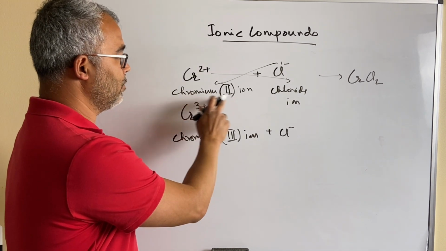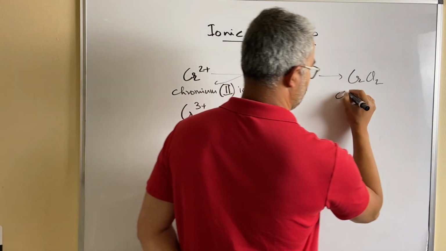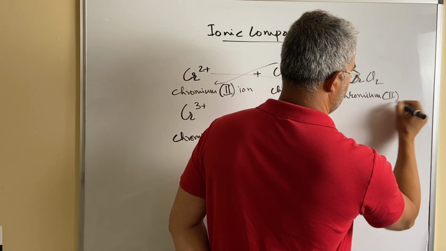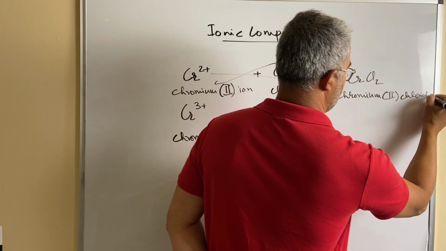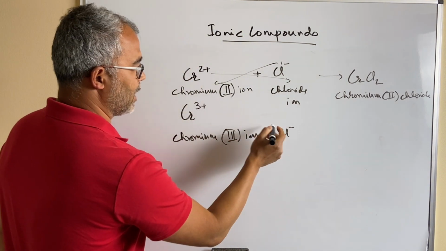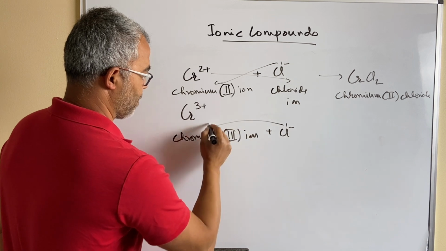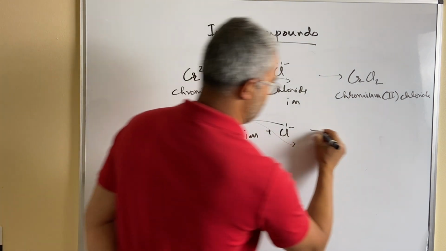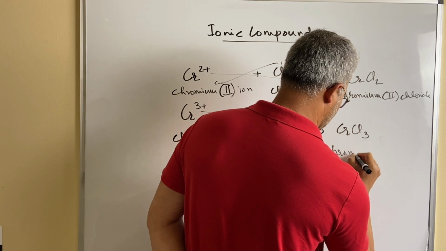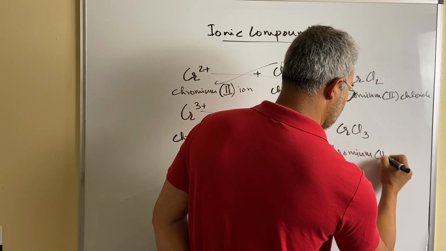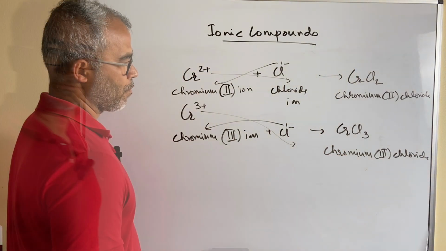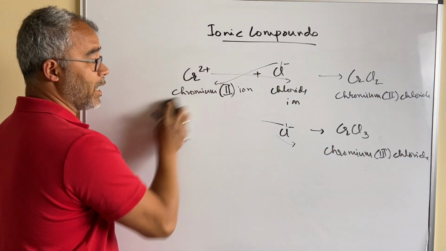The name would be chromium 2 chloride. Same thing out here. If I had to combine them, that'll go here, that'll go there. So I get CrCl3, and that would be chromium 3 chloride.